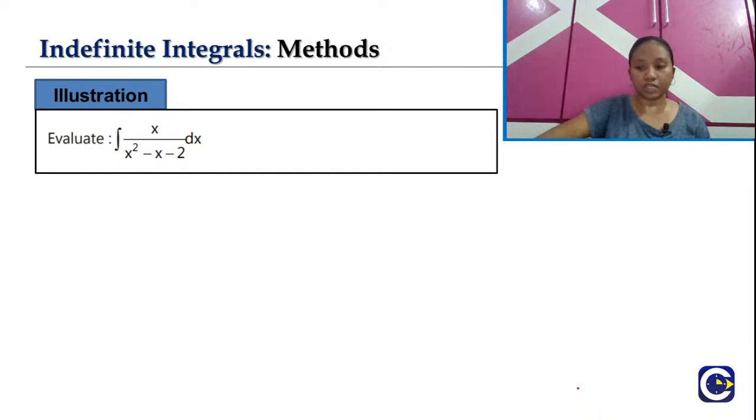What will be the factors of this rational function?